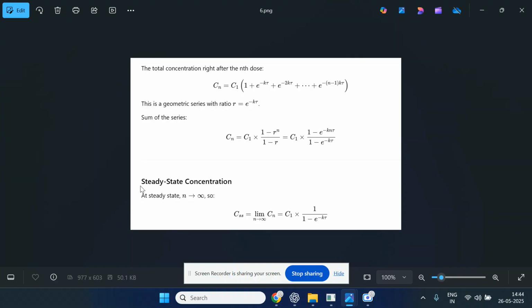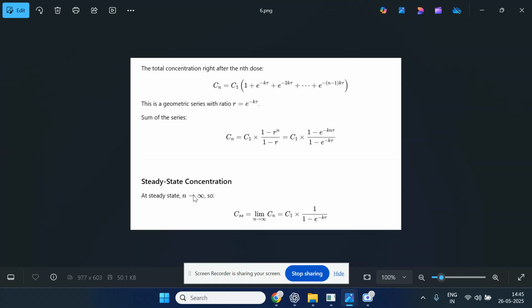And what is steady state concentration? Steady state concentration is when, if we continuously give the drug at T interval for an infinite number of times, at the end the concentration of drug in the bloodstream will become constant, and that is the steady state concentration.